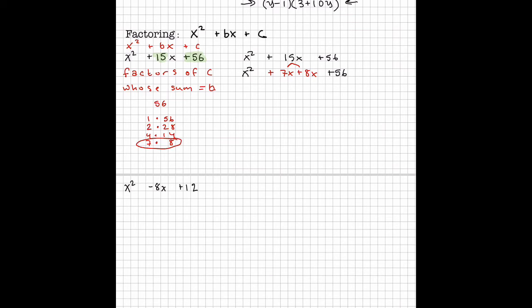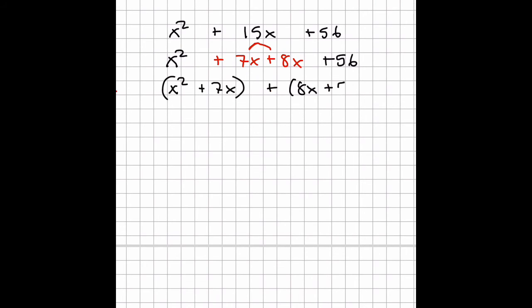Doesn't matter. But now that I have this expression, I can use the grouping that we used earlier in the notes to factor this even further. So I'm going to factor x squared plus 7x. I'm going to group those, and then I'm going to group the 8x plus 56. And within each of those parentheses, there are greatest common factors. So with x squared plus 7x, I can factor out the x.